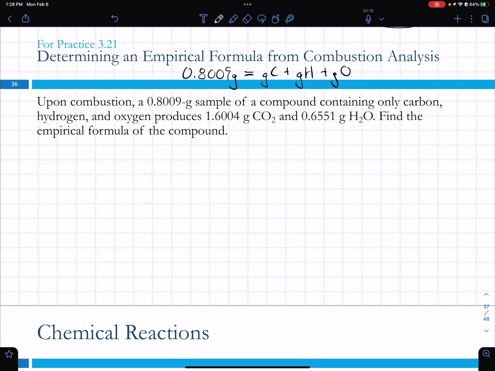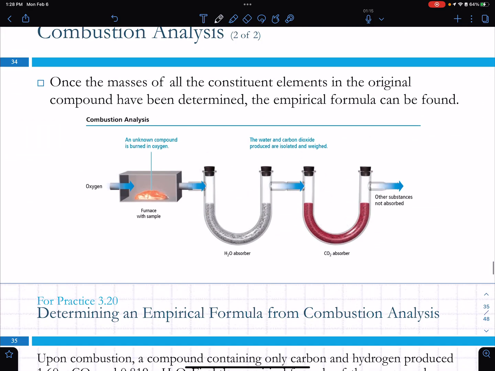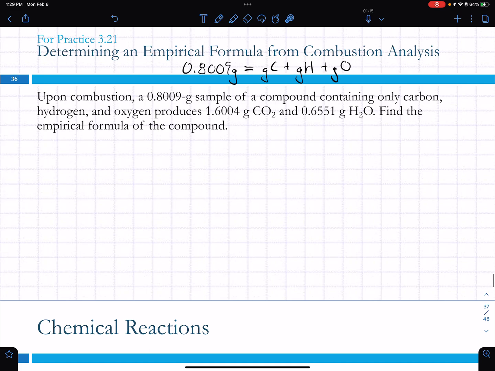So we were talking about combustion products here and how you measure and calculate an empirical formula from those things when they're combusted by trapping them in something like an H2O absorber or a CO2 absorber. So we're looking at this problem here, and we have a 0.8009 gram sample of a compound containing only carbon, hydrogen, and oxygen, and that is important.